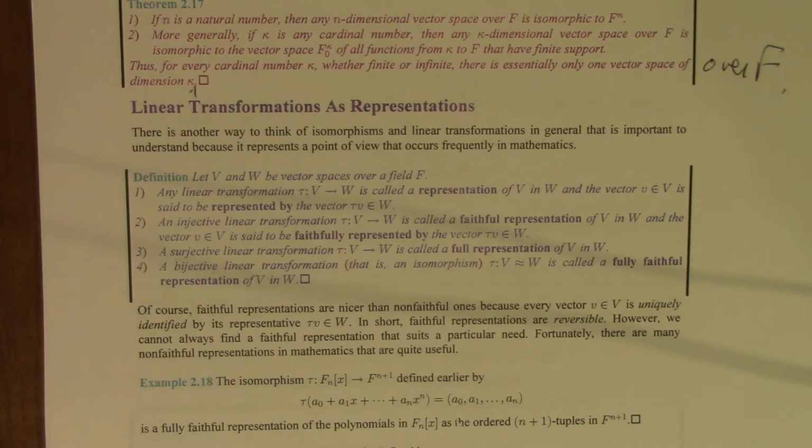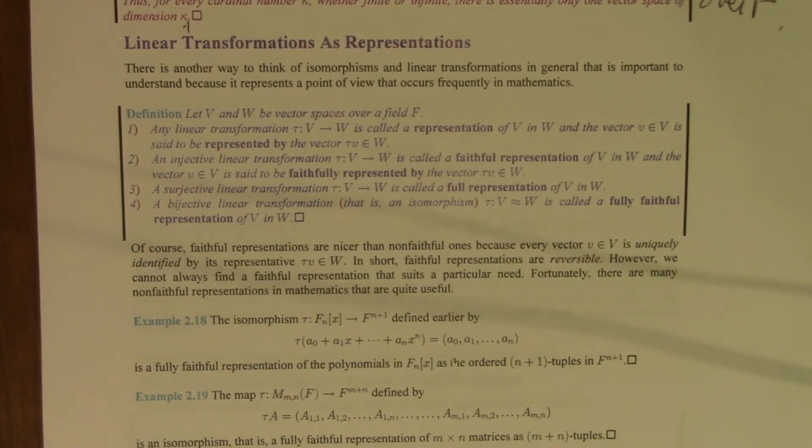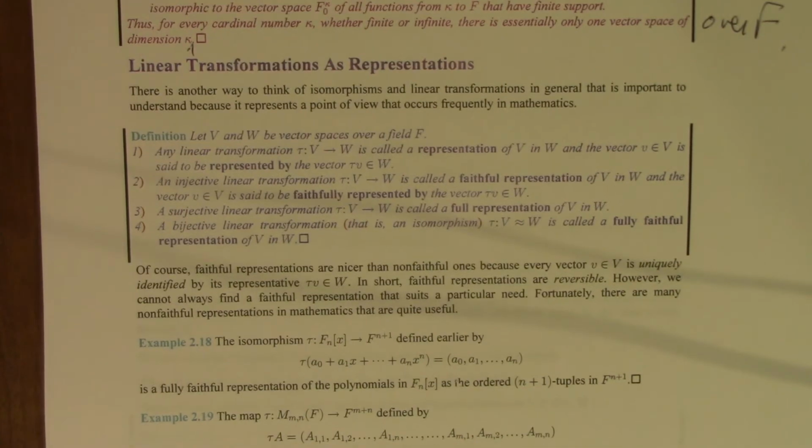But we can't always find useful, faithful representations. Sometimes the best we can do is a non-faithful representation, and I'll give you some examples in a minute. They are still quite useful, even though you can't determine from a representation which vector is being represented. Still, this point of view has value.